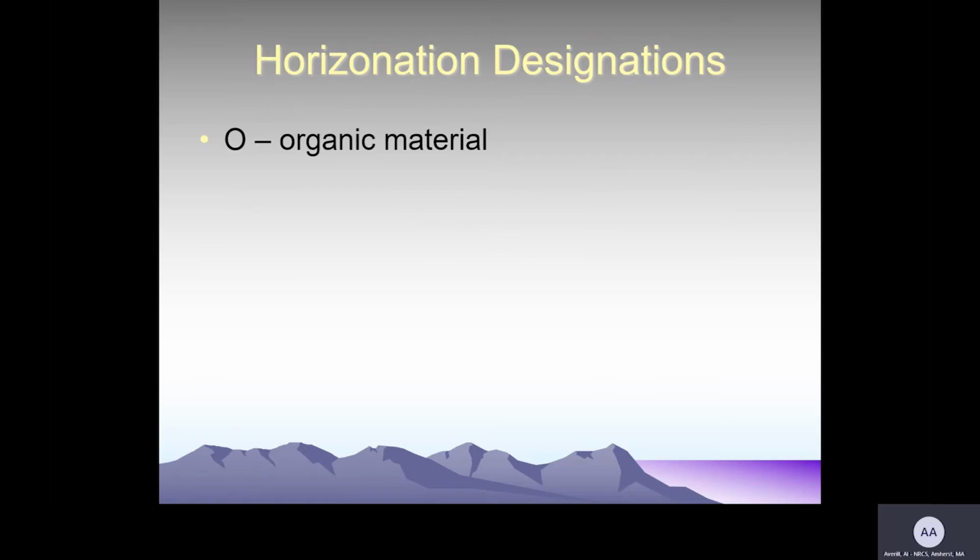And I also have to caution you that live roots don't count as part of the O horizon. This is the material that has undergone various stages of decomposition. If it hasn't gone through much decomposition, you're going to see plant fibers. You may even be able to identify the source of the plant fiber. Is it leaf fiber? Is it bark fiber?